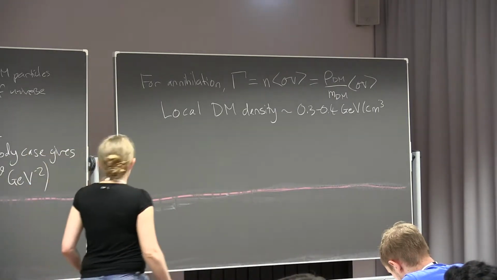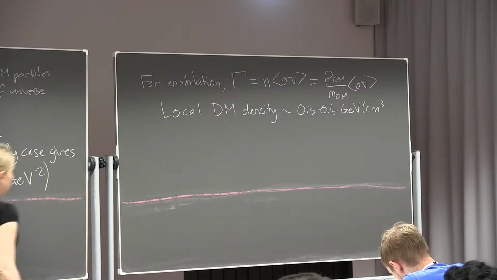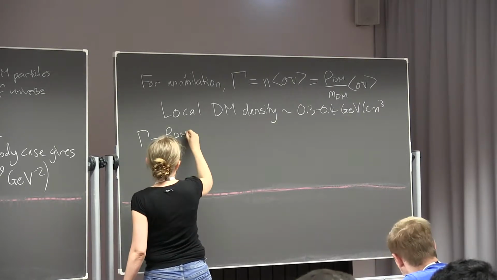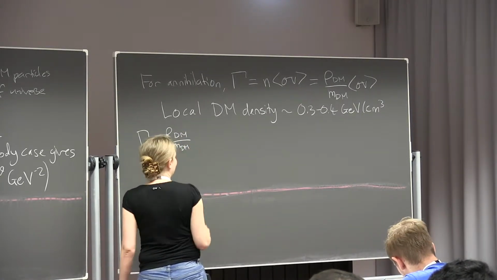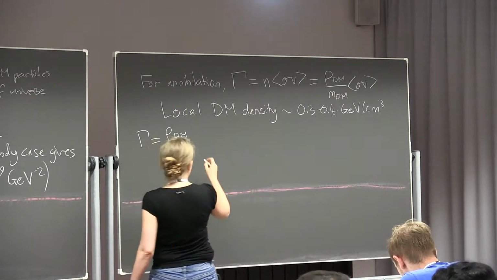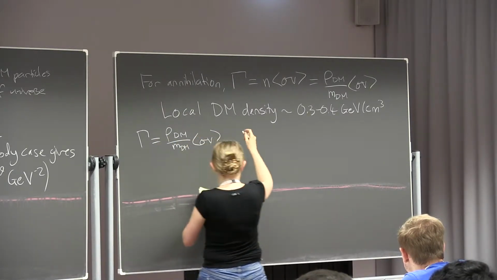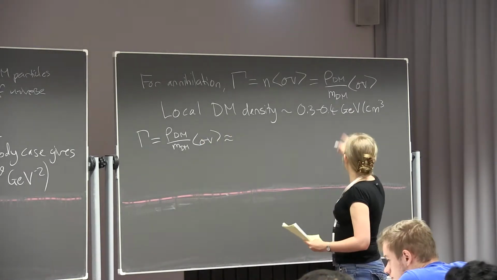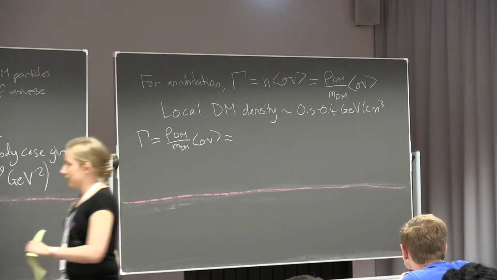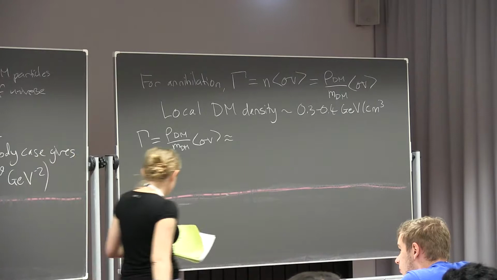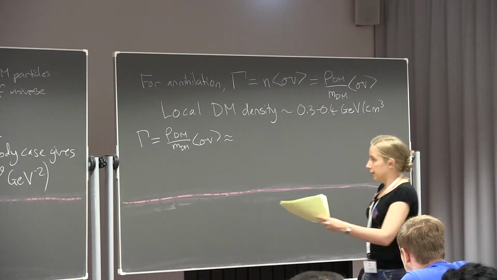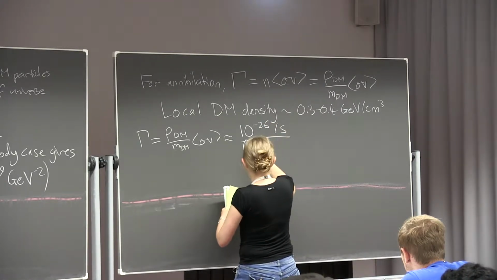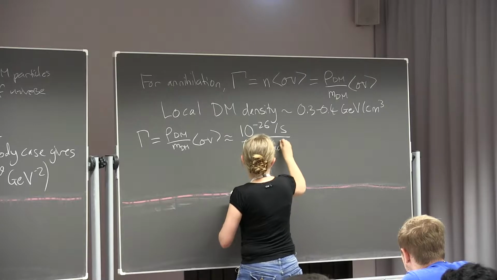So if I take this thermal relic cross-section and I ask, in our local neighborhood, what fraction of dark matter particles are disappearing, like decaying but through annihilation, then if we put in rho_DM of 0.3 GeV per cubic centimeter and put in this sigma v of 3 times 10 to the minus 26 cubic centimeters per second, this gives us basically 10 to the minus 26 per second divided by the dark matter mass per GeV.